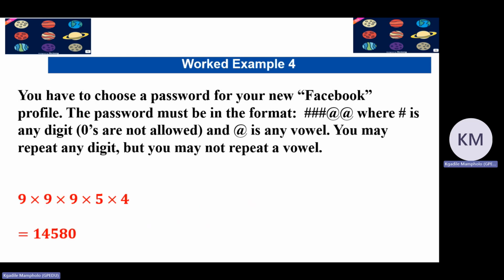Digits may be repeated, but remember, we're excluding zero. Digits are 10, but zero is excluded. We say 9 times 9 times 9. It means the first three digits you choose from 9, and then 9 times 9 because they are repeated. Now, the next two letters, you are only using 5 letters which are vowels. Then you say 5 times 4. Why 5 times 4? Because letters are not repeated.